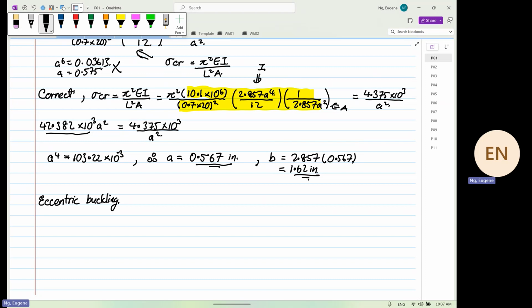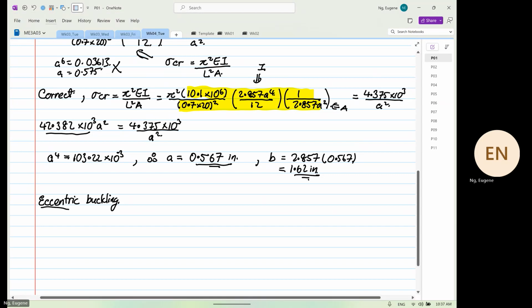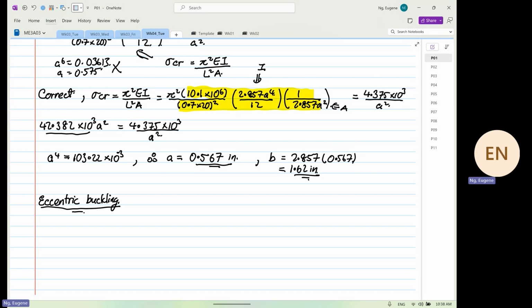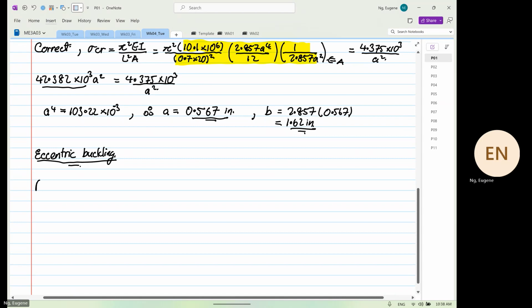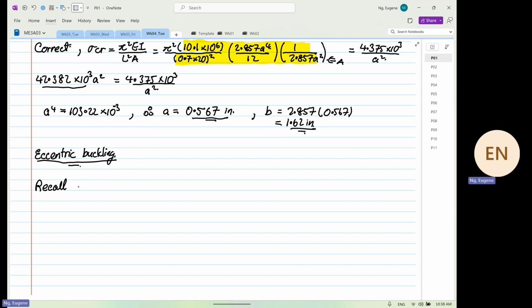So the next one we're going to look at is eccentric buckling. Now, before we go into eccentric buckling, I'd like to quickly recall eccentric bending.